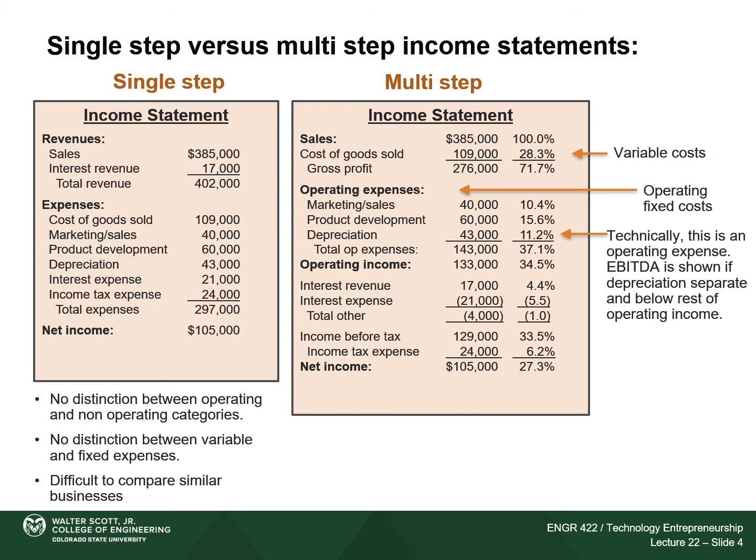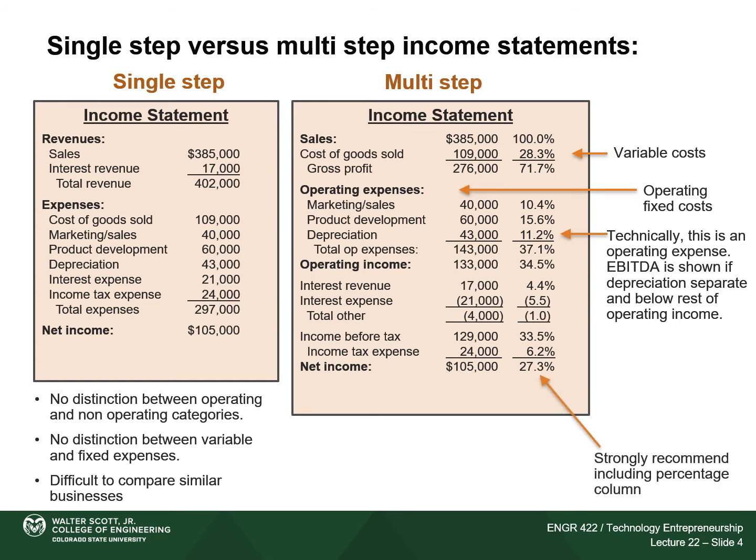If you do include depreciation as one of your operating expenses, then your operating income is EBIT, earnings before interest and taxes, because those things have already happened. Either way, you end up with operating income.